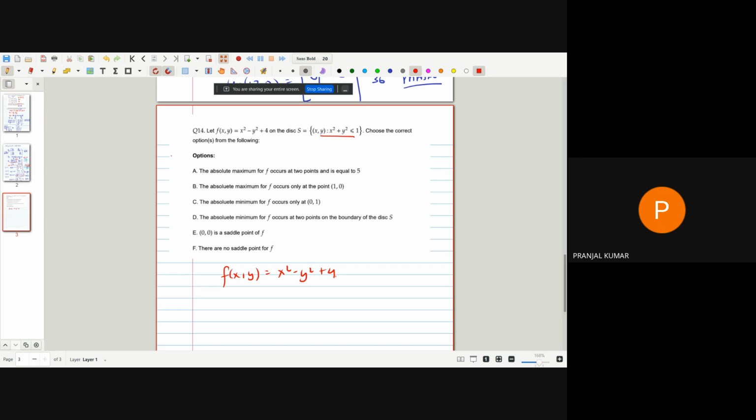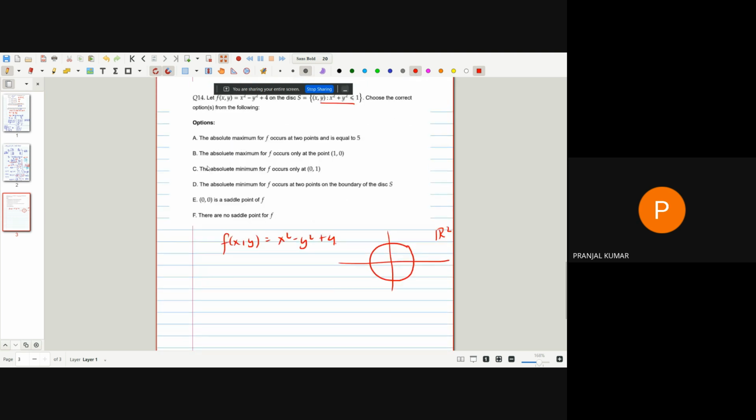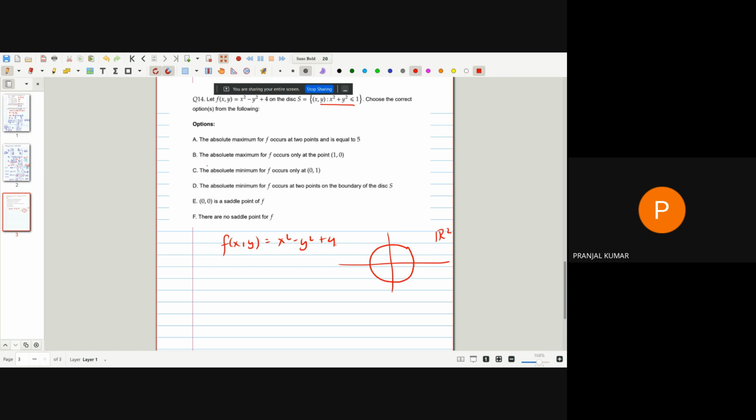Basically your domain is a circle in R2 of radius 1. Now choose the correct options. The absolute maximum for f occurs at 2 points. Absolute maximum for f occurs at this point.